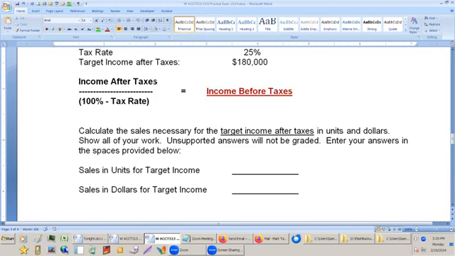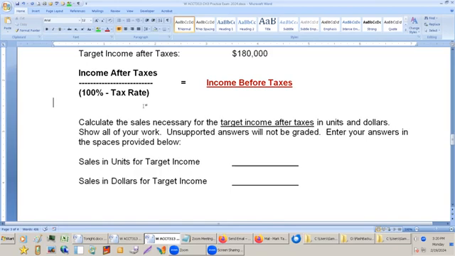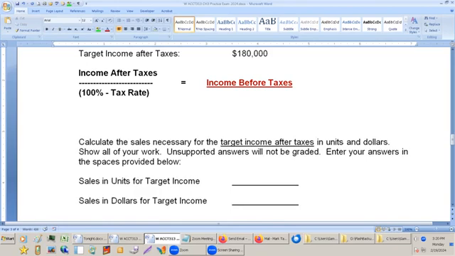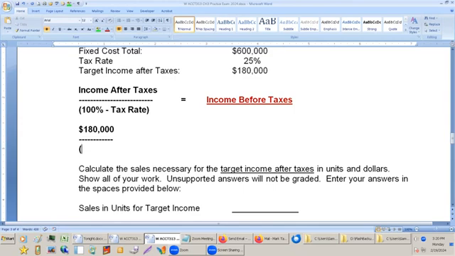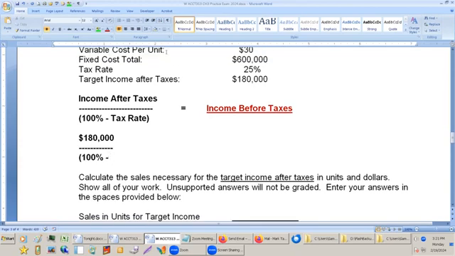Okay. So let's see what this looks like. Our income after taxes is 180,000. We're going to divide that by 100% minus our tax rate of 25%.